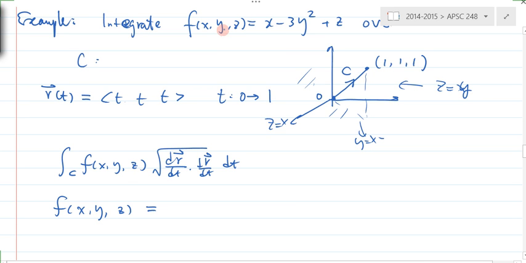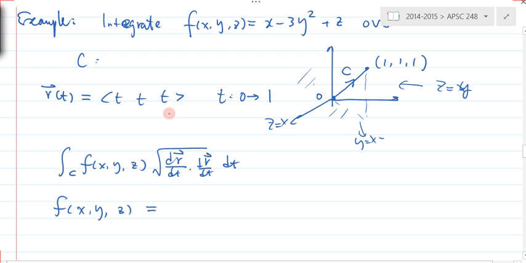This is my vector, this is my function f here. So I'm going to replace the x, y, z with what? x of t, which is t, y with y of t, which is t, and z with another t. This is very important, because if you don't do this step right, everything else will be wrong.